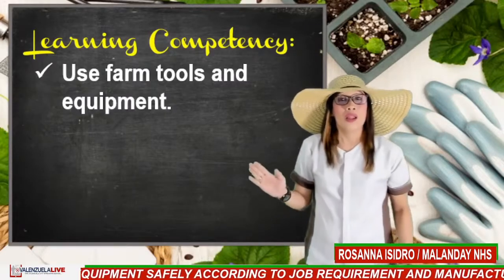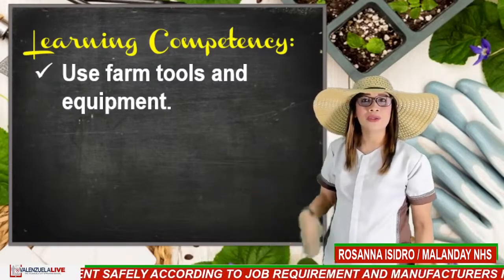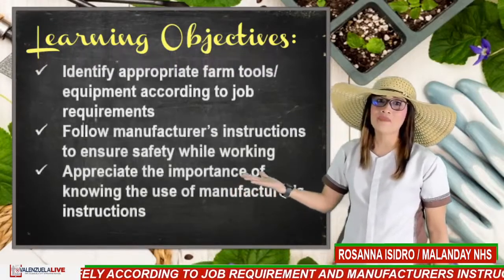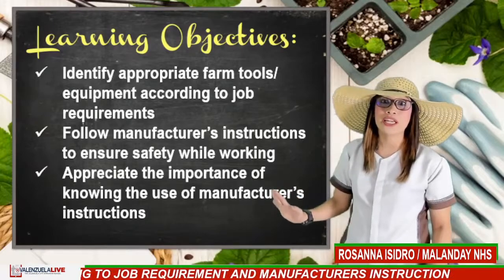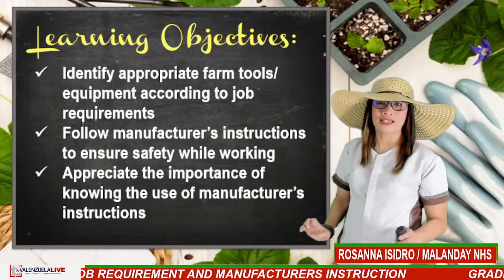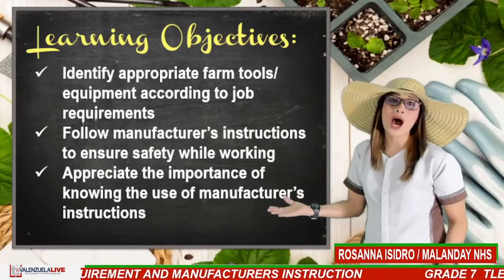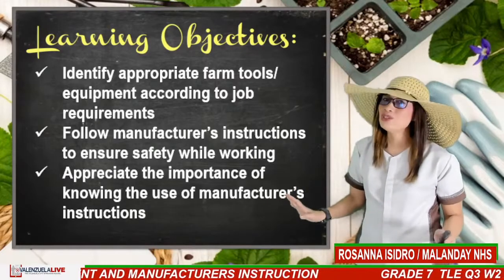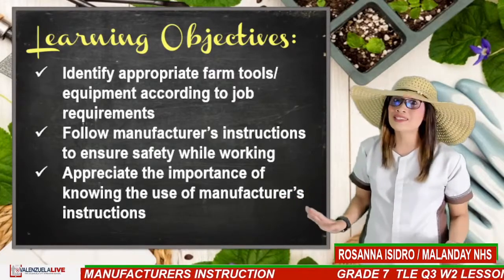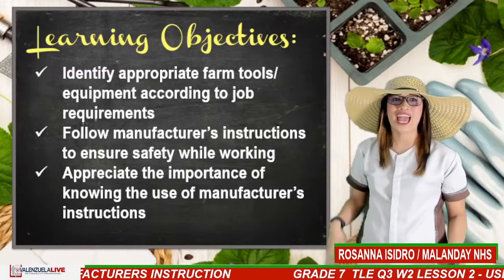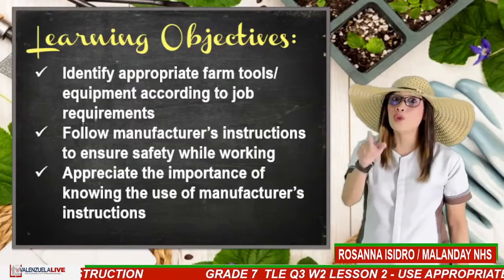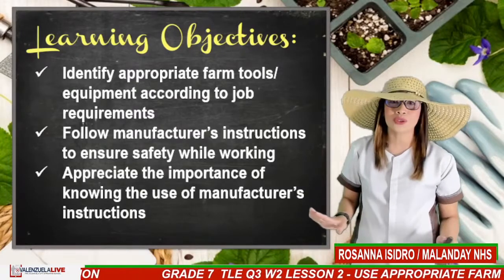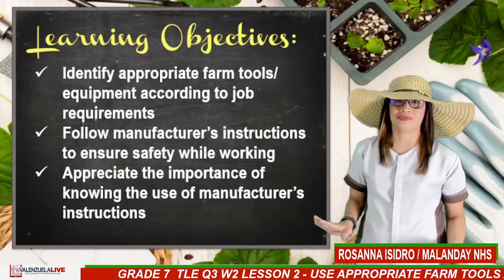So our learning objectives are to identify the appropriate farm tools and equipment according to job requirements. Second, follow manufacturer's instructions to ensure safety while working. And last, appreciate the importance of knowing the use of manufacturer's instructions.